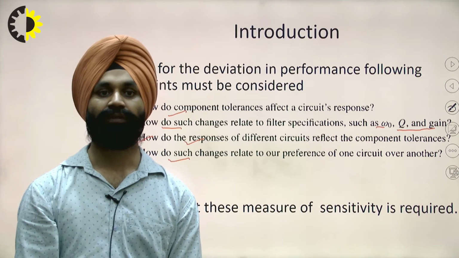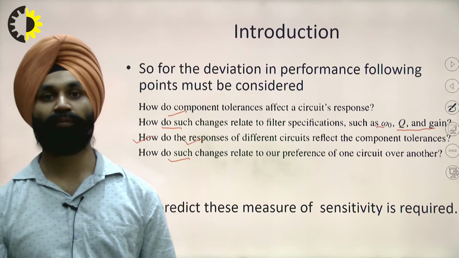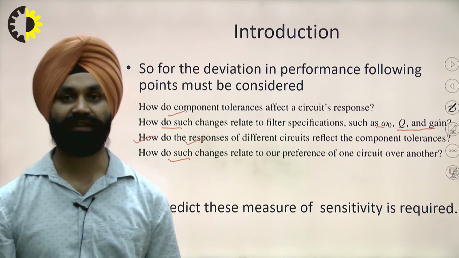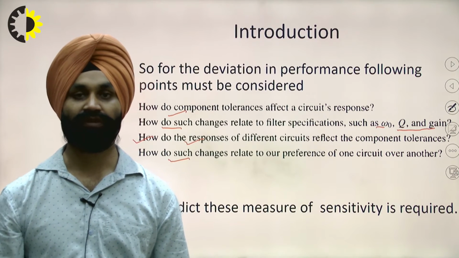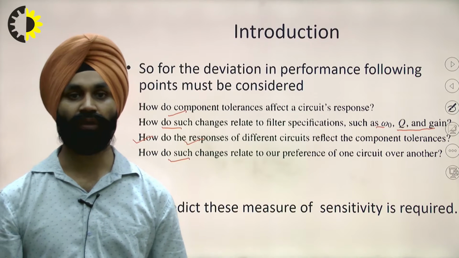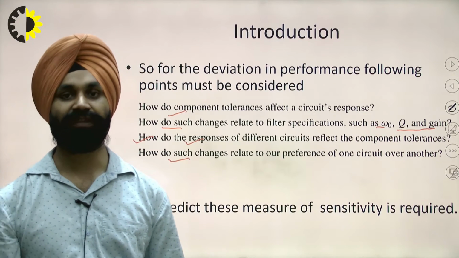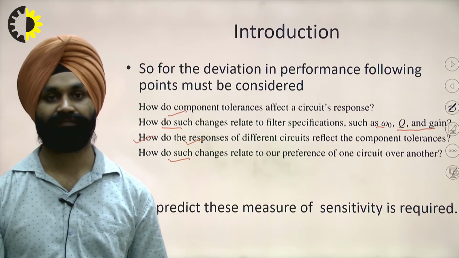So the first stage components in a cascade will give more change than the last stage of the cascaded amplifier. So we have to consider the first stage more seriously than the last stage of the cascaded design.